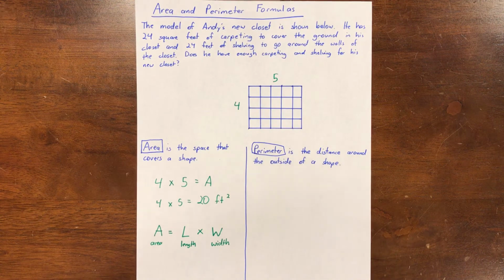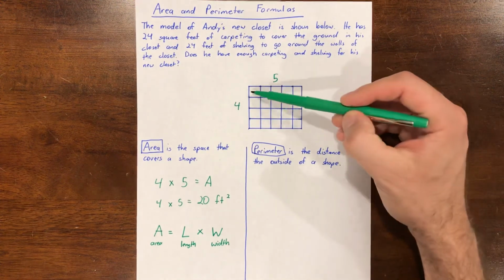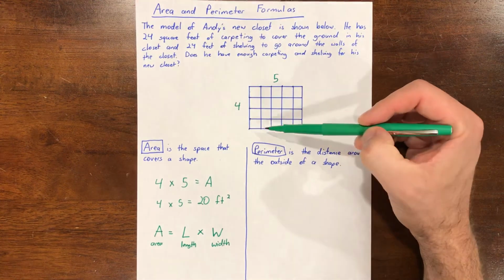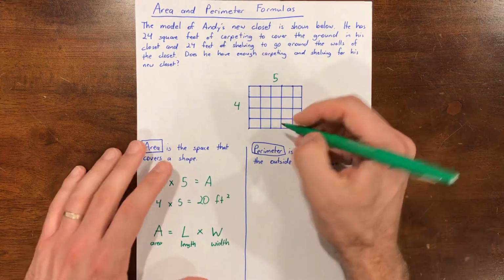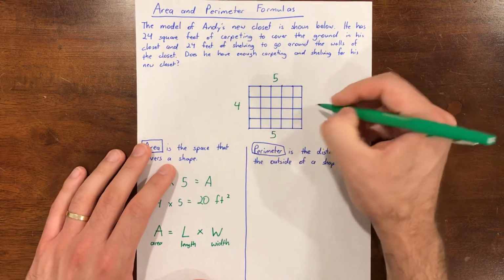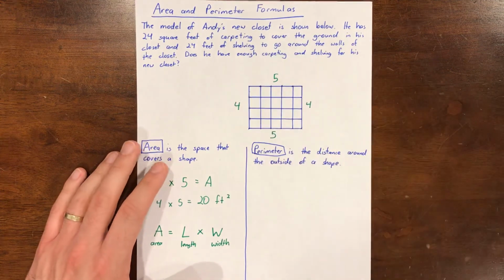Yeah, some of you said we could count the sides of the squares along the edges of the shape. And that's true. We could do that. But we could also add the measurement of each side. So this side's going to be 5, and this will be 4.